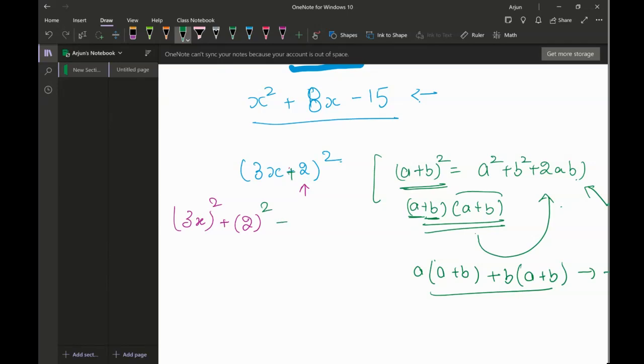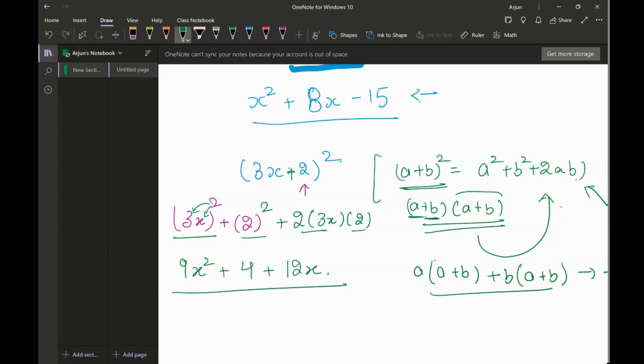So 2 squared plus 2 times 3x times 2. Now when I open the bracket, this 2 will distribute to the 3 and also to the x. So 3 squared is 9, and this will be x squared, plus 2 squared is 4, plus 2 times 3 is 6, 6 times 2 is 12x.